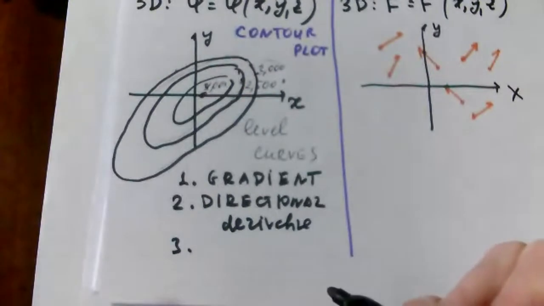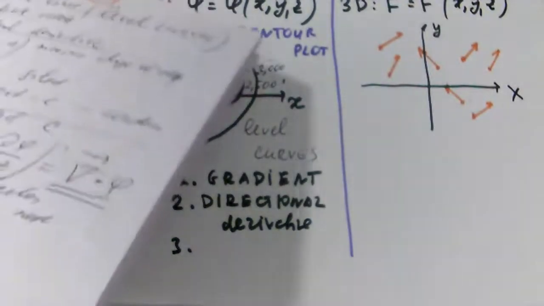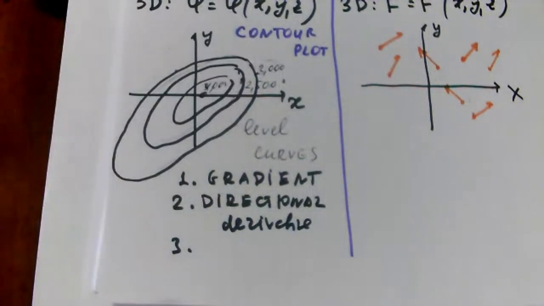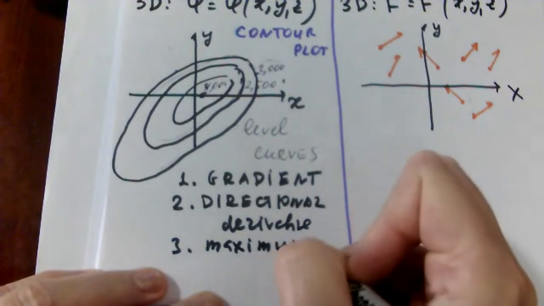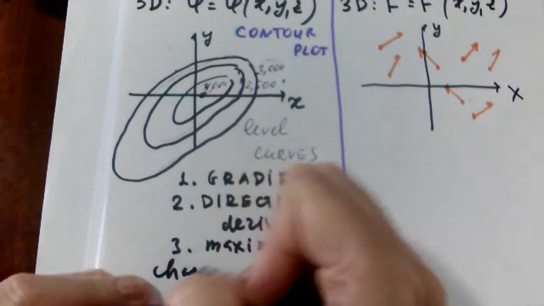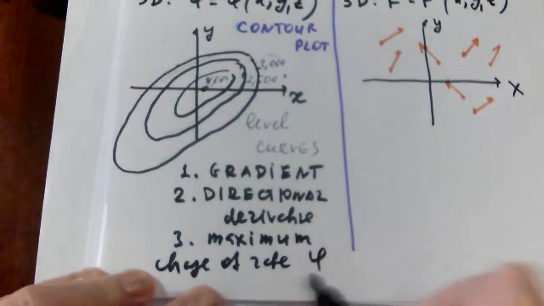What else? I don't remember. I want to just make a list here. So, the maximum rate of change of our function phi.